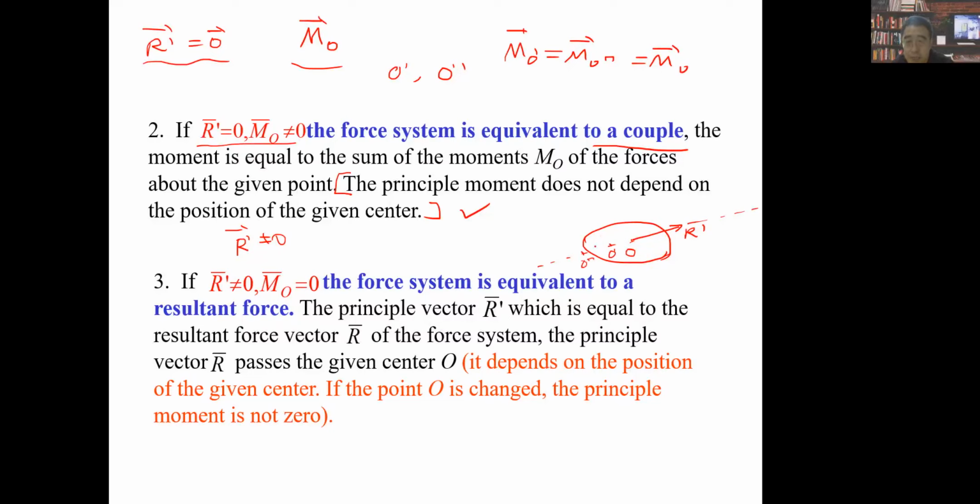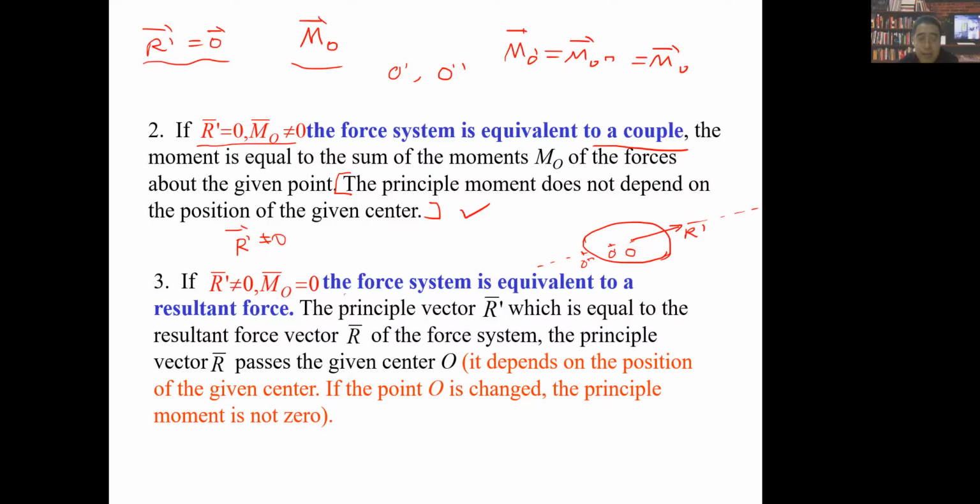As long as the point is on the action line of R prime, we will always have the same result. In other words, the resultant force of this force system will pass through this point O.